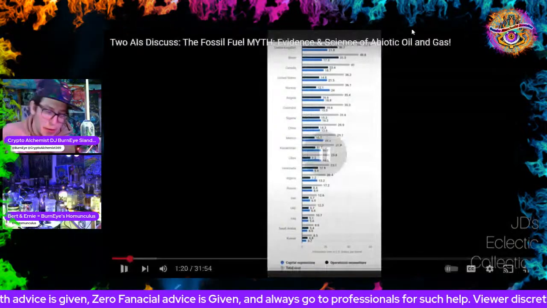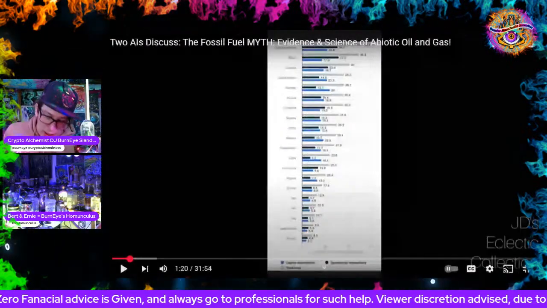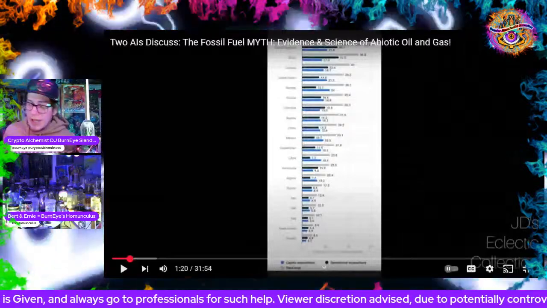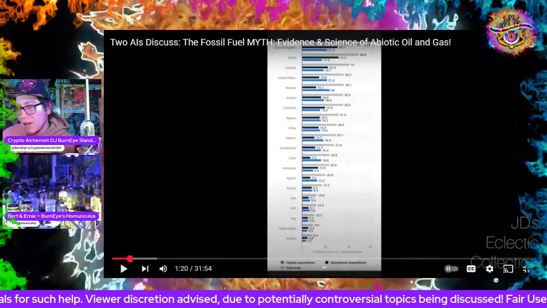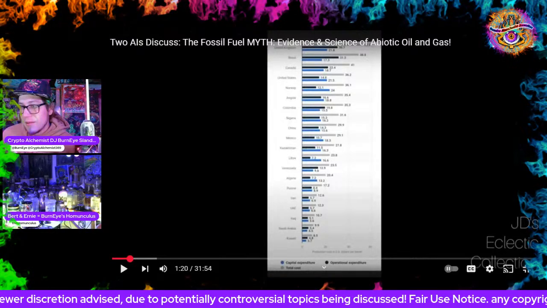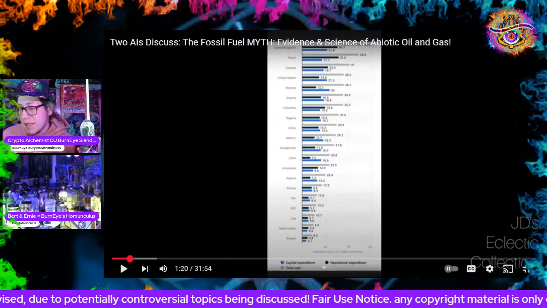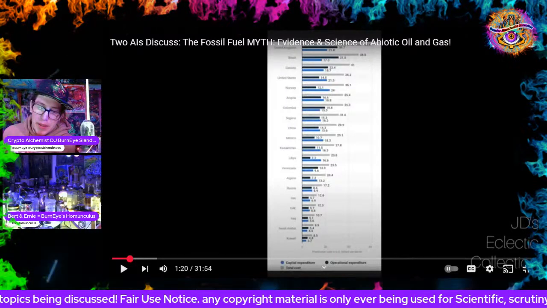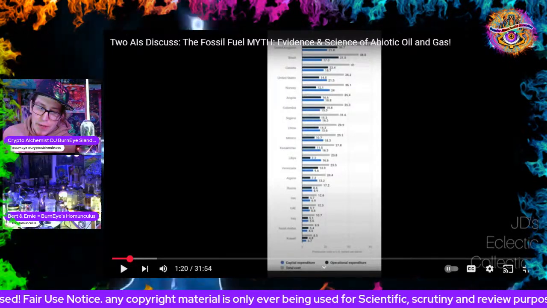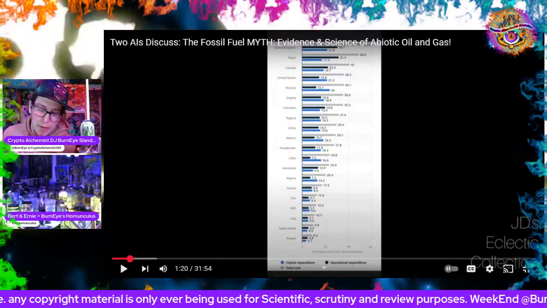All right, so for those unaware, there is a second scientific theory of how hydrocarbons, aka oil and gasoline, which is refined from the oil, is produced, and that fossil fuels aren't made by fossils.